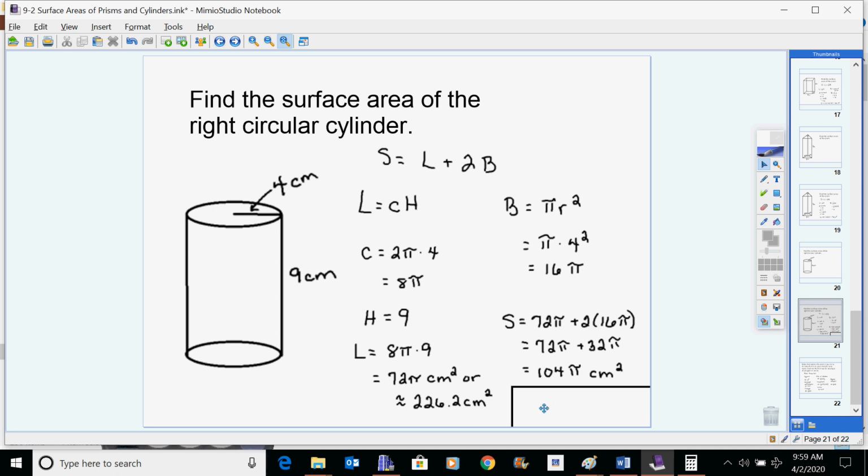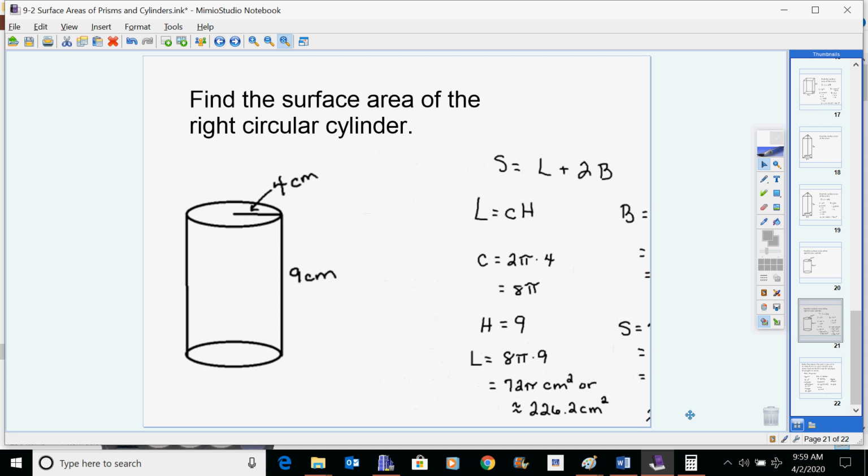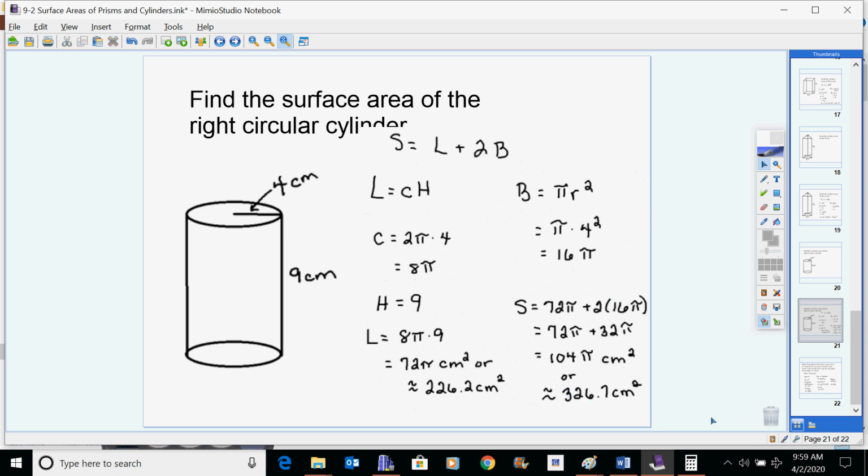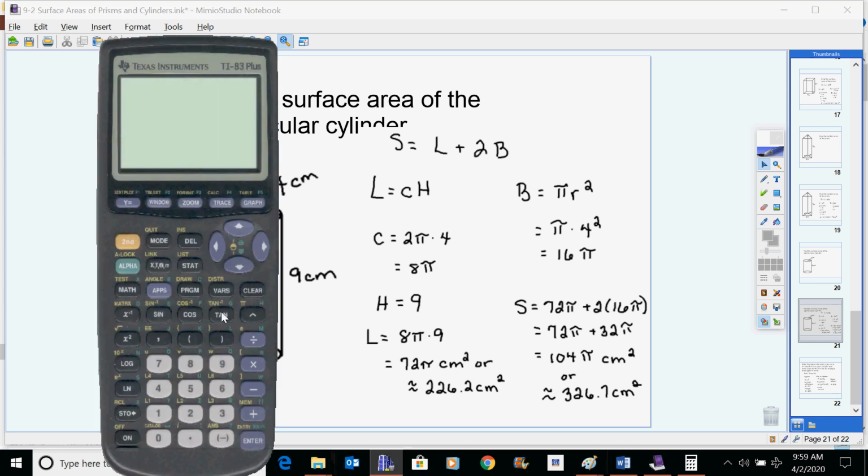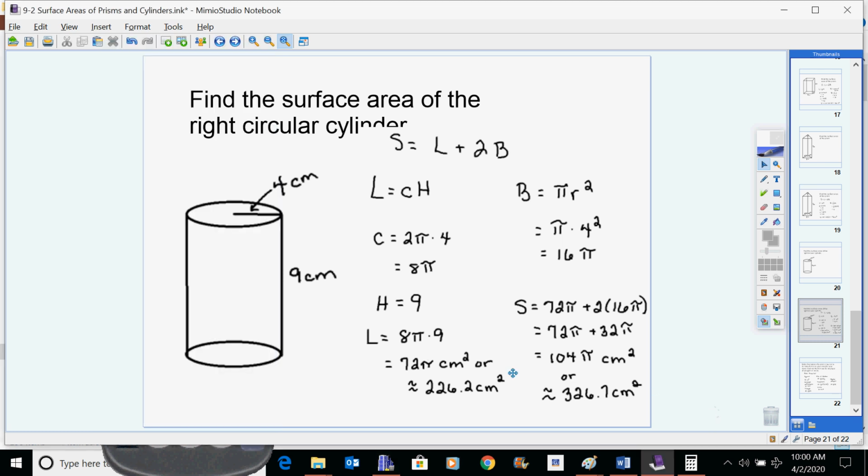entire surface area. Or if we wanted to, we could multiply that out. And when we multiply that out, we get 326.7. I can take 104, hold on, here we go, 104 times pi. 326.7 square centimeters for our final answer there.